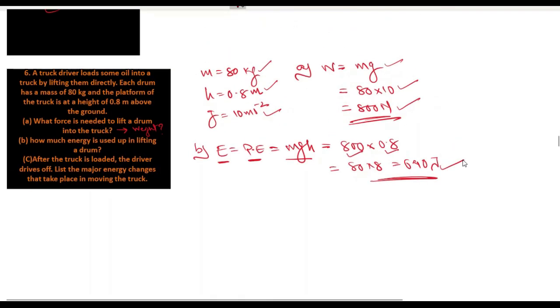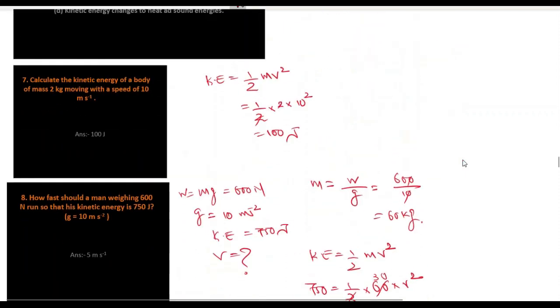So the kinetic energy of the truck gets converted into heat and sound. Why heat and sound? Because whenever any vehicle stops, there is a sound, and there is heat produced due to friction between the road and the wheels of the vehicle. So that's how you solve this question number 6, right? Let's go to the next question.